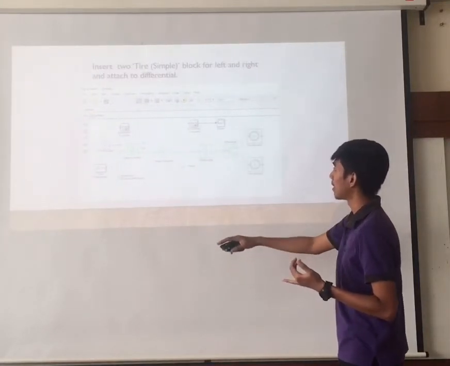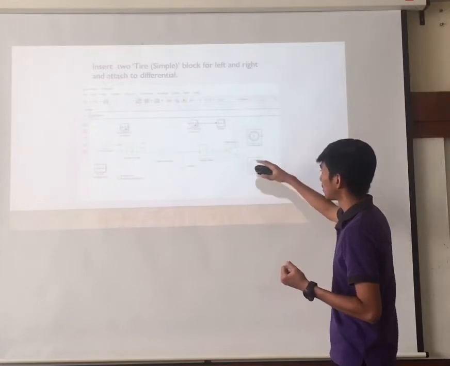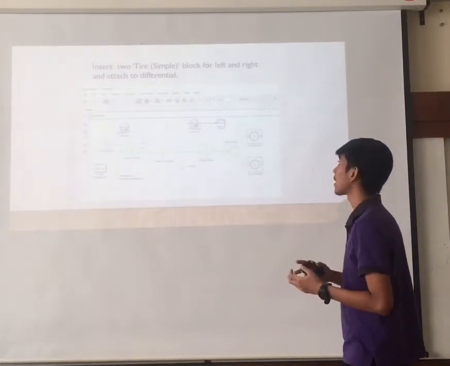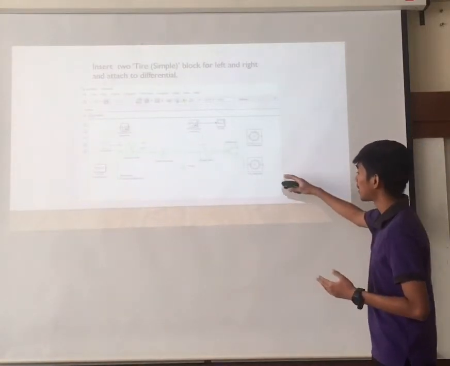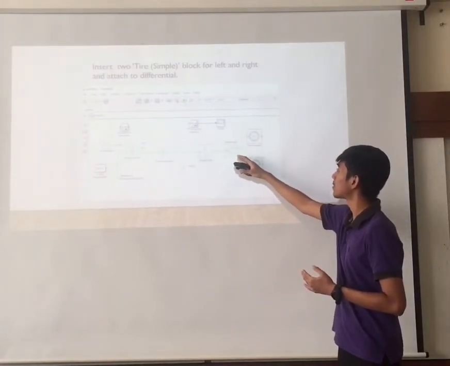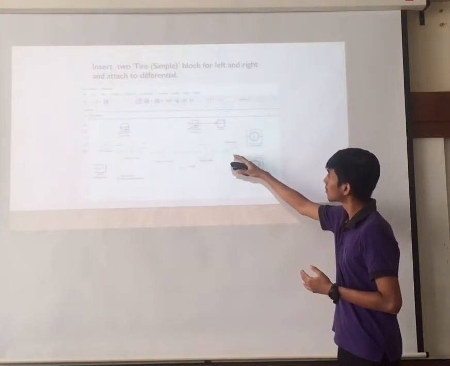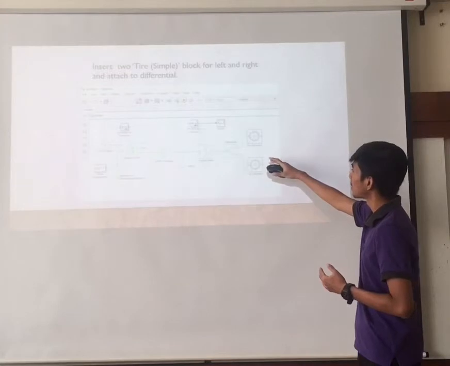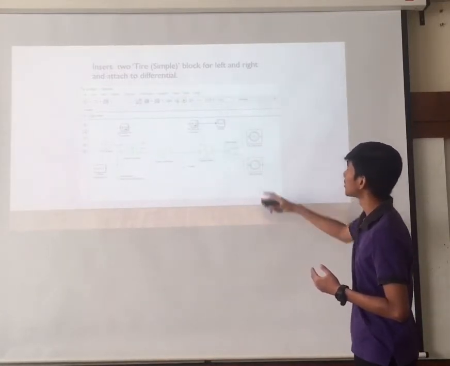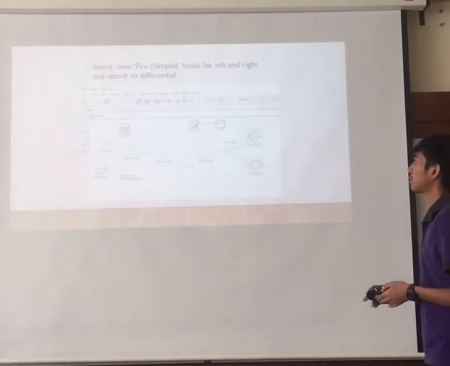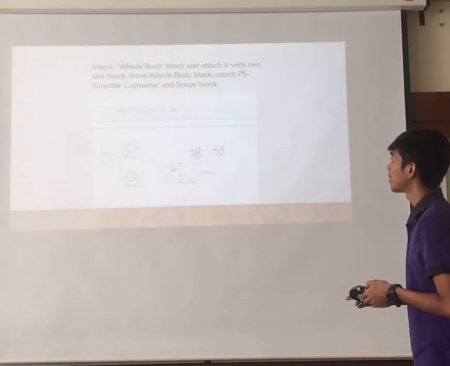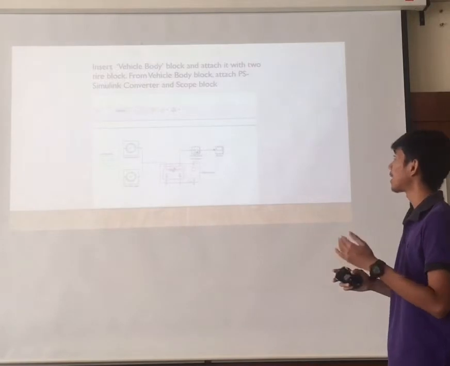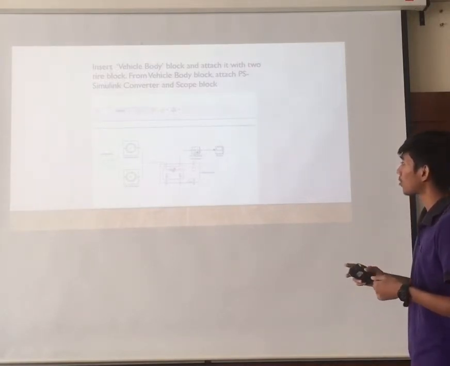After that, we insert 2 tires, and the differential will transmit the power to both tires. Then insert the vehicle body block and attach it with the 2 tire blocks.